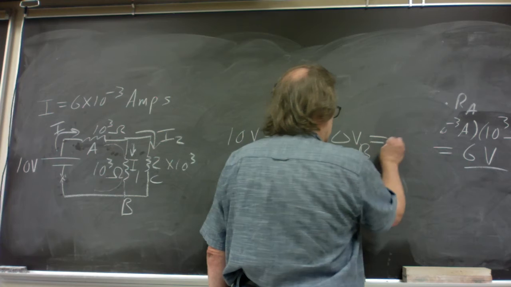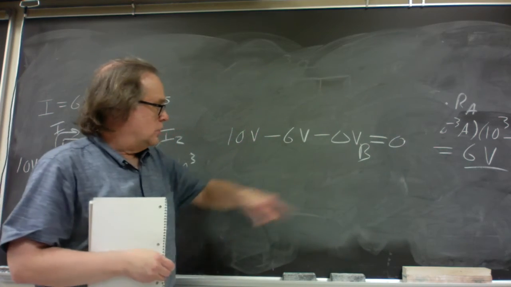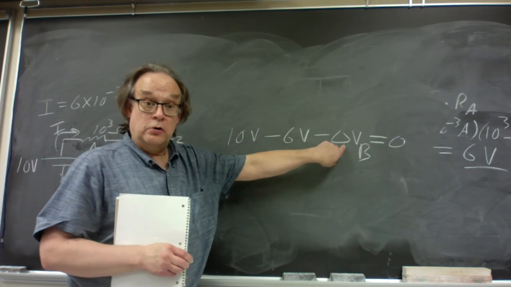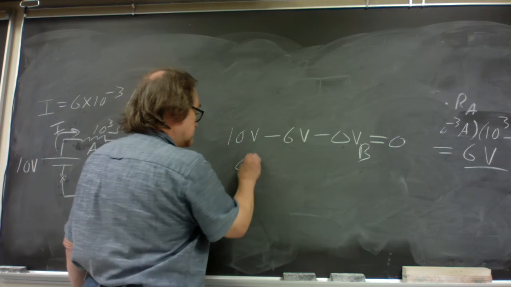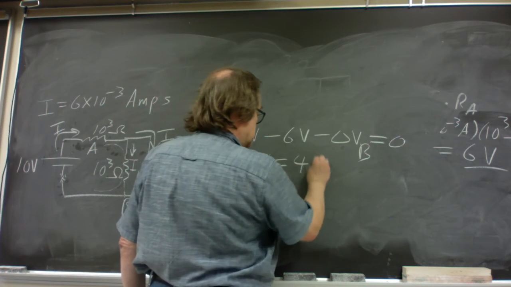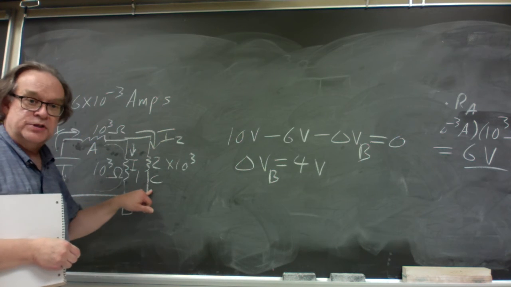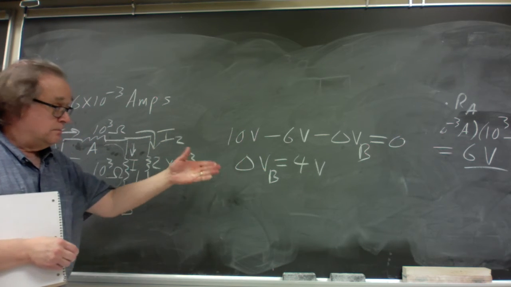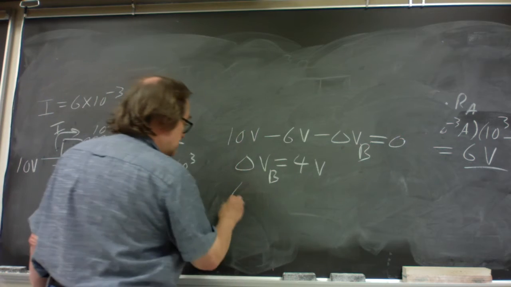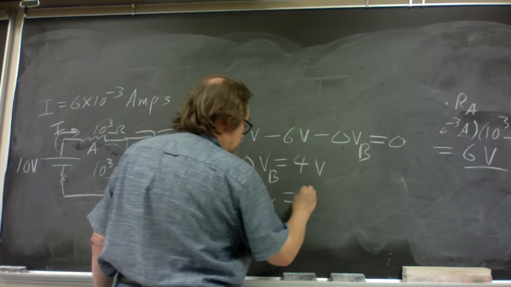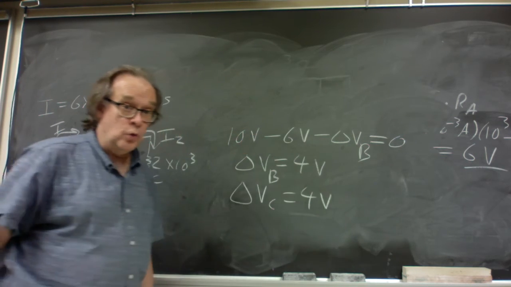So the sum of all the potential changes has to be 0, which means this has to be 4 volts. And since resistor B and resistor C are in parallel, the potential change across resistor C is also 4 volts.